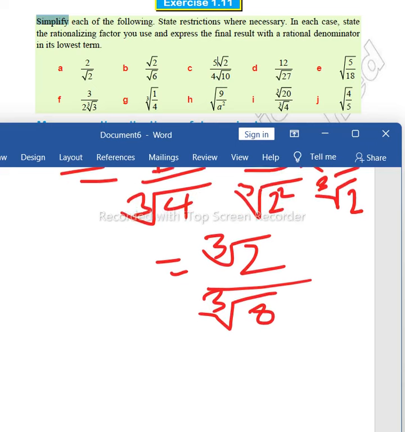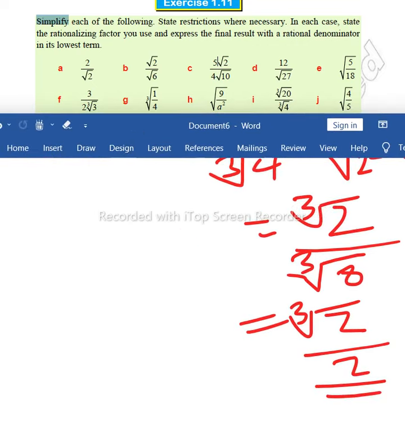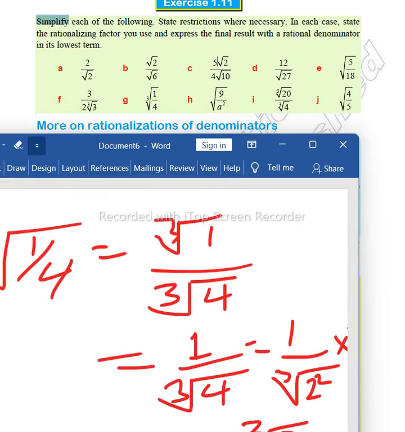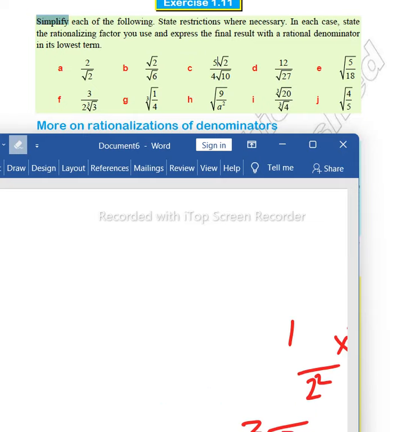So the cube root of 8 means 2, and we get the cube root of 2 over 2. This is the final answer for this question. If you have any question on this answer, you can leave your comment under this video. Let us do the next question.